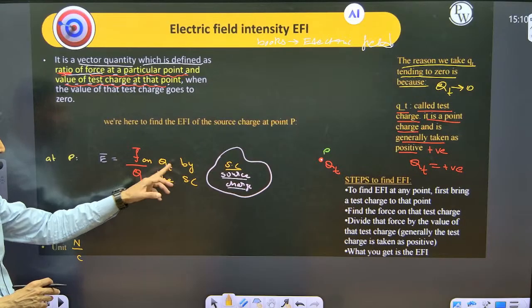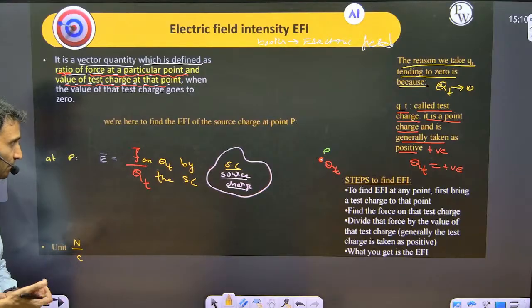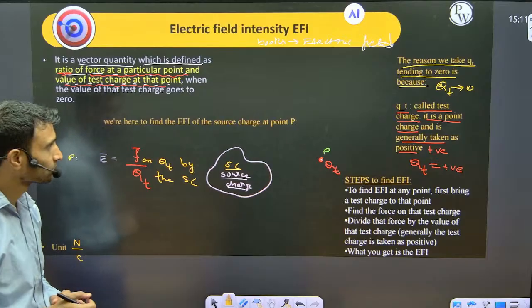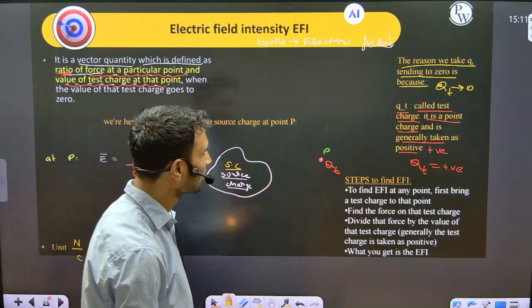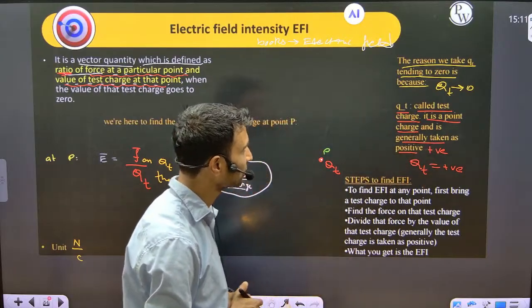So electric field is the force on QT by the source charge divided by QT. That is electric field. And QT is called the test charge. It's a point charge and it is generally taken as positive.